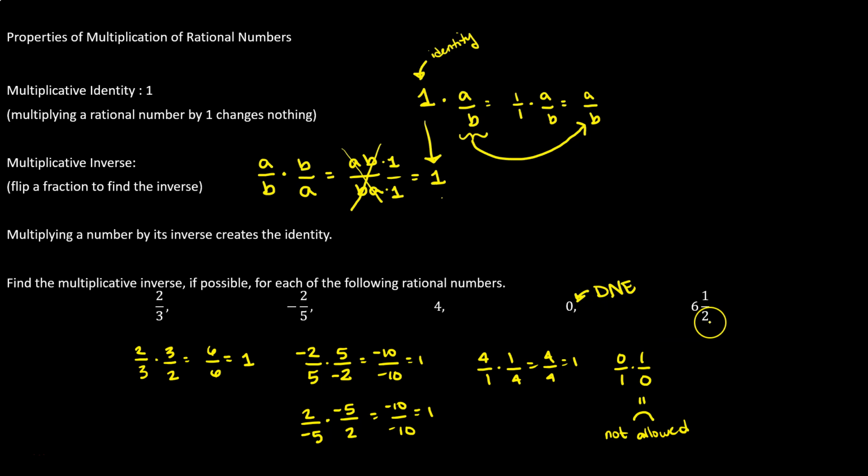Lastly, we have a mixed number, 6 1/2. Now, for a mixed number, we can't simply flip this upside down and write that that's the multiplicative inverse. Notice that 6 1/2, only the 1/2 is a fraction that could be flipped upside down. So what we have to do with a mixed number is turn it into an improper fraction.